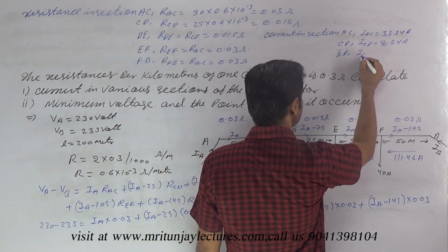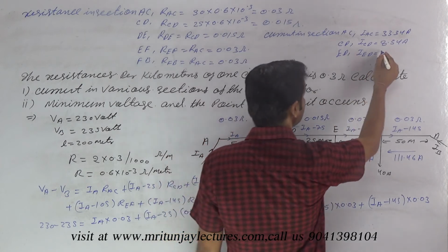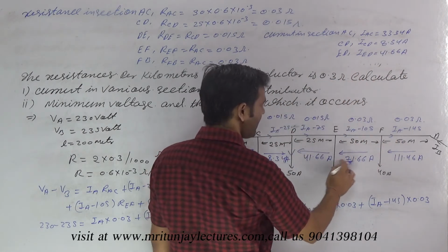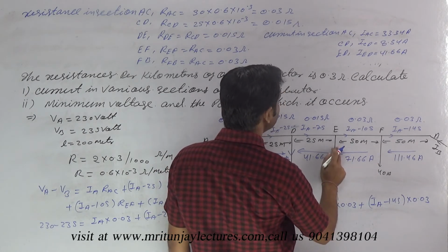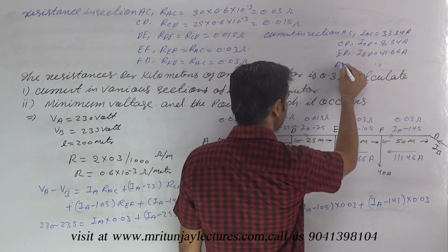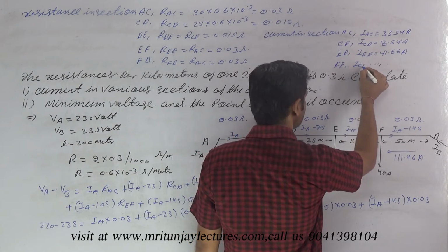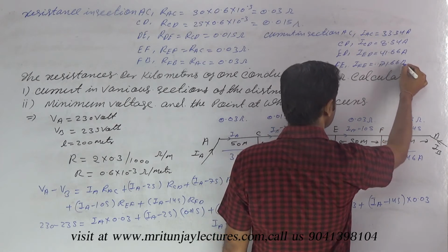Now the direction of current E to D, that is I of ED, is written as 41.66 ampere, and the current in section FE is written as 71.66 ampere.